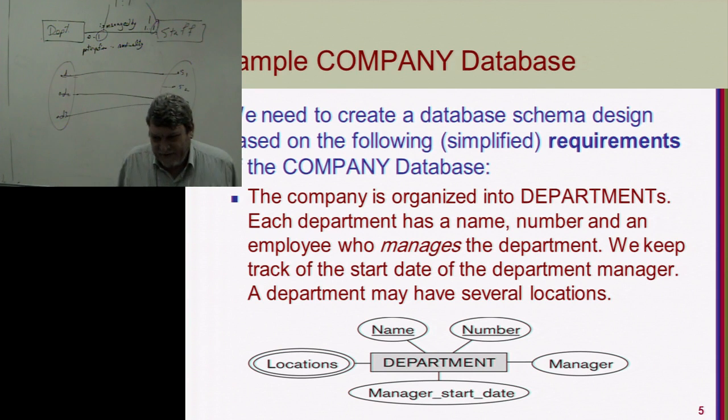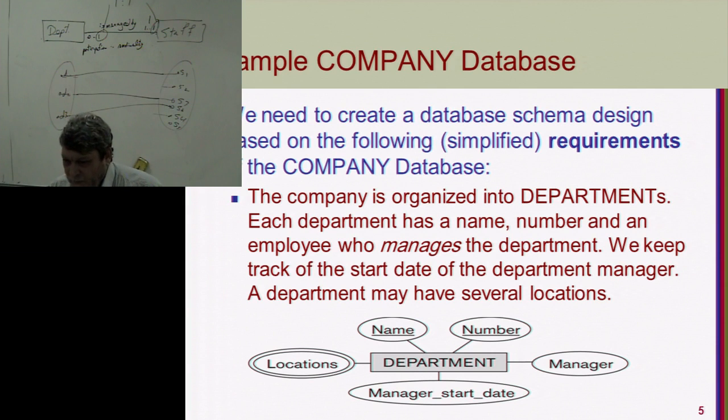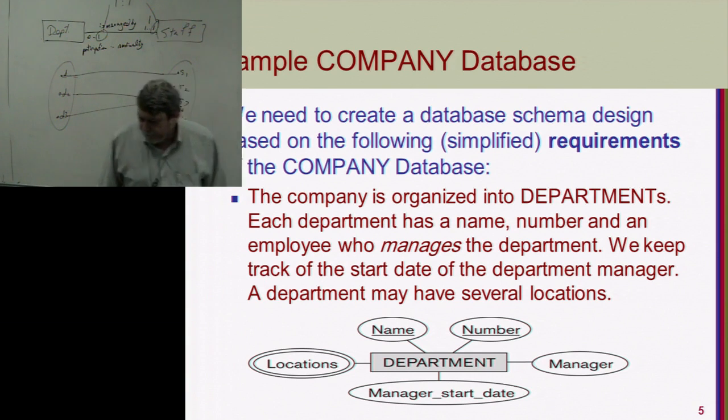So now it's clear: department is an entity type, and name and number are attributes. That's why we defined the department as an entity type, which has name and number as attributes.